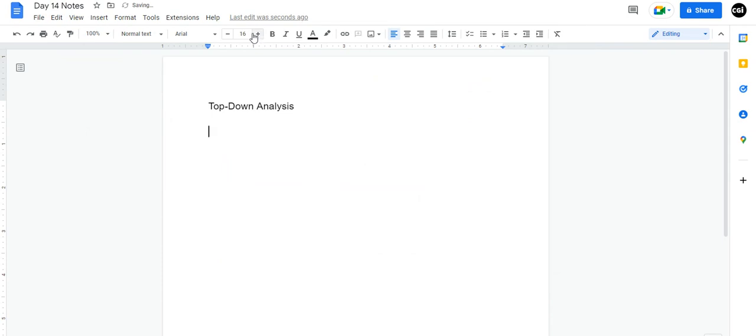This means to pick important reference points on the higher time frames and relate them to the lower time frames.